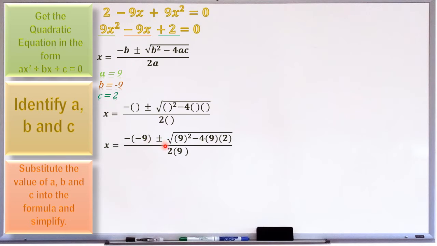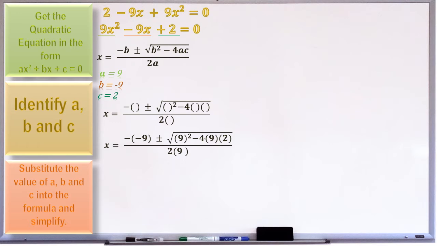Next, plus and minus the square root of b squared, b is equal to 9, minus 4 multiplied by a is equal to 9 times c is equal to 2 all over 2 multiplied by a is equal to 9.